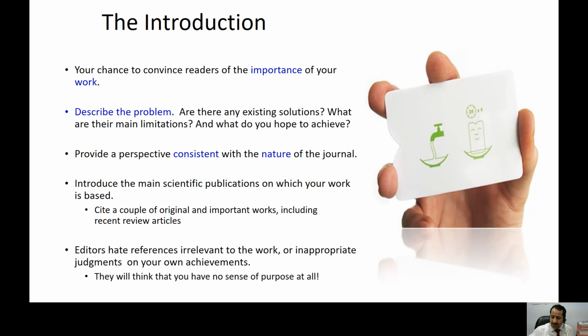Introduction. Now, after title, abstract, keywords, we go for the introduction. Now, in the introduction, you have the chance here to convince the readers about how important your work, your paper, is. You describe the problem, start slowly, but don't expand. Don't make it boring by writing too much information, even basic information. But let the reader understand what this paper is about, what the topic is, how important the topic is, what the driving questions for this paper are.